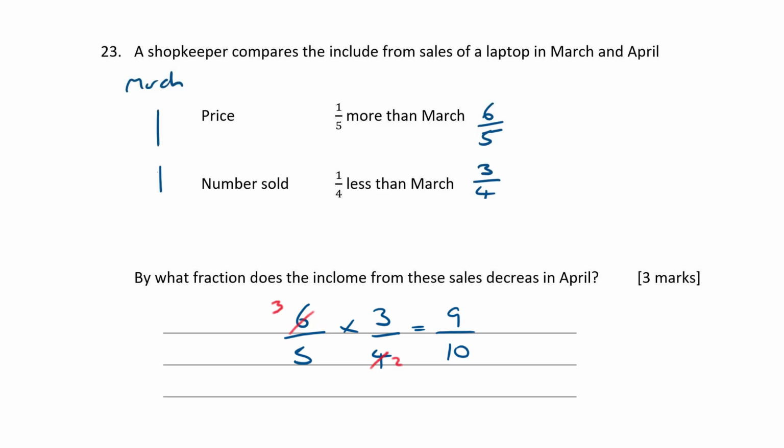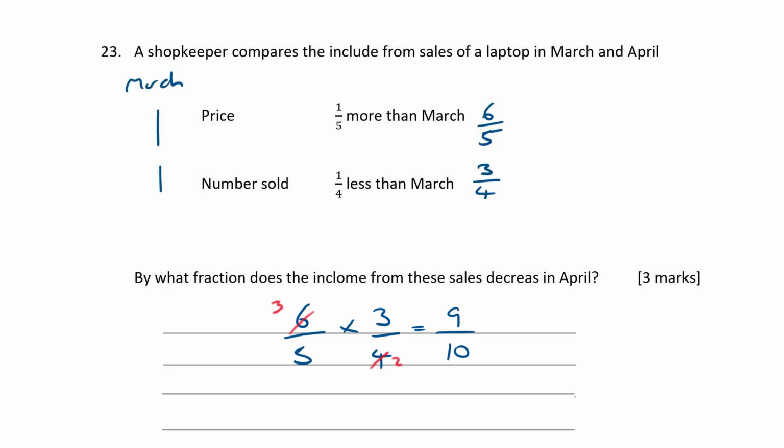So 1 times 1 is 1, and 6/5 times 3/4 is 9 tenths. So by what fraction does the income from these sales decrease in April? It decreases by a tenth. So that is a decrease. Can't spell decrease. Decrease of 1/10.